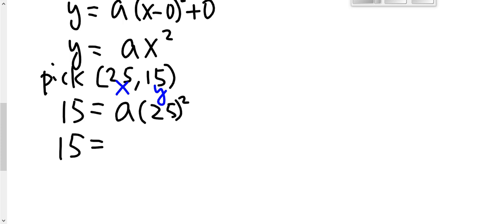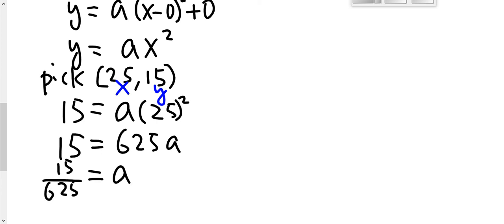Work out the math, of course. So 25 squared gives you 625. You may notice that I flipped the order because it's kind of weird if I write down a 625. Anyway, divide both sides by 625, and in this case you will end up with a decimal, not a perfect one, so we want to leave that as a fraction so that we have an exact value. So 15 over 625.